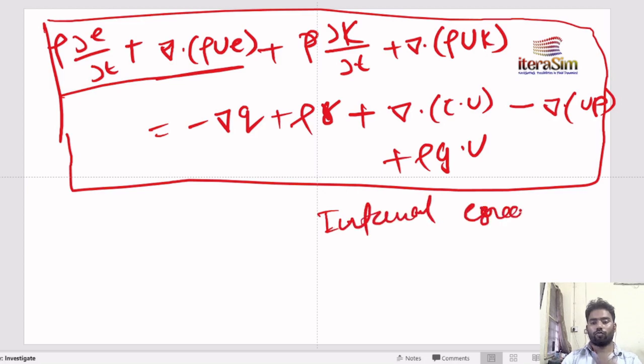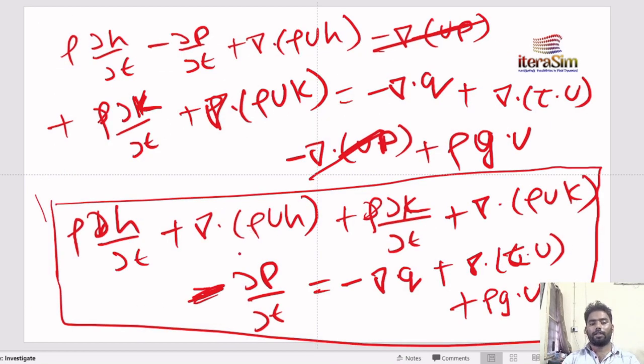When you see the energy equation in OpenFOAM, these are the two energy equations that we are going to solve. If we switch for the internal energy, this equation is going to be solved, and if we switch for the enthalpy, then this is the equation that is going to be solved. Generally you are going to see that this contribution and this contribution are ignored in most of the solvers.